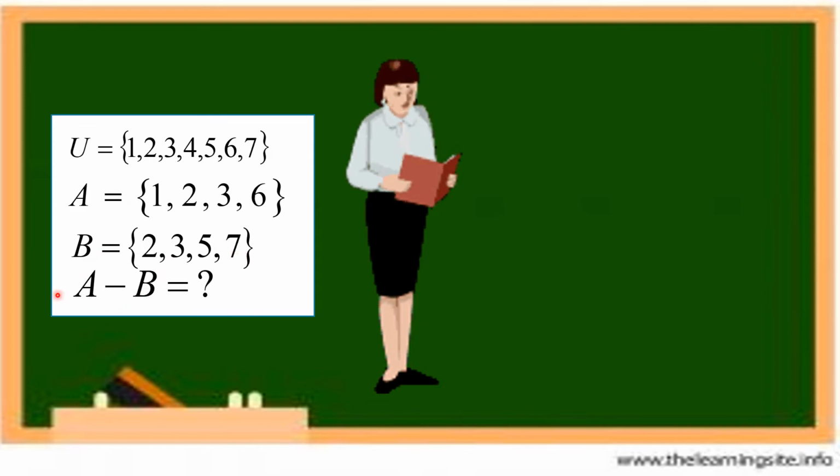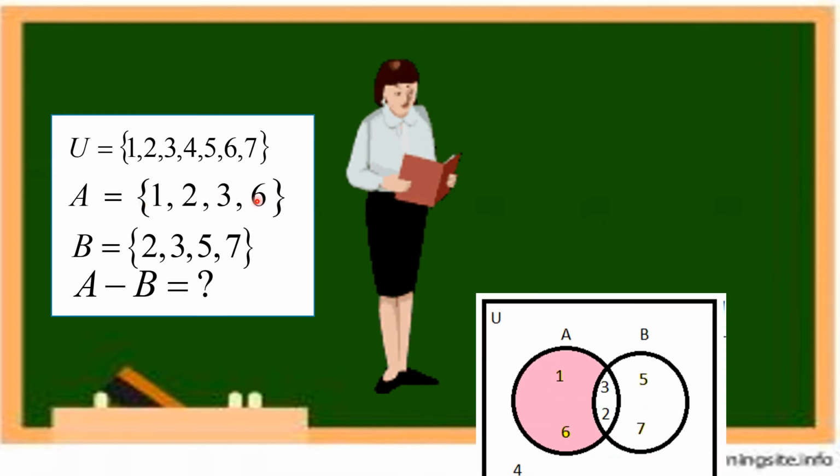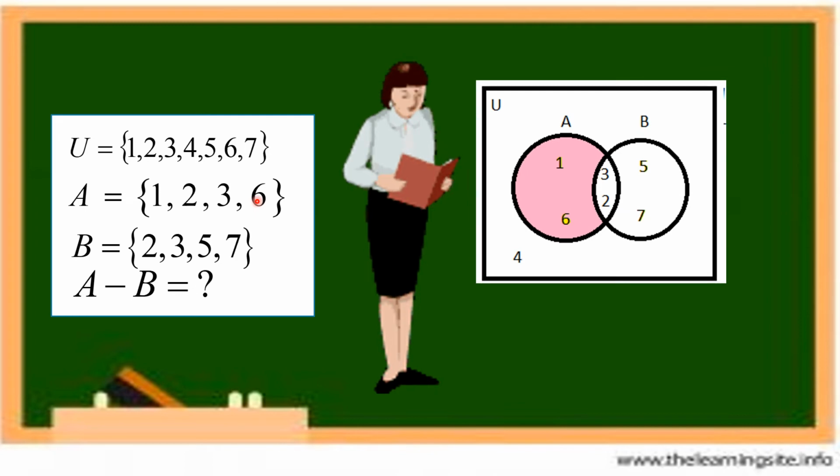So we need to find A minus B. What is in A that is not in B? What are the common elements of A and B? We have 2 and 3. So what is in A that is not in B? That is 1 and 6.